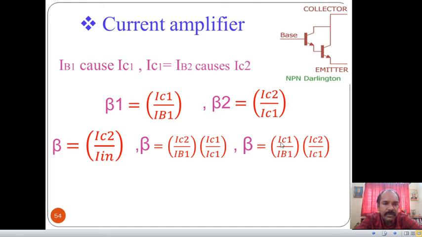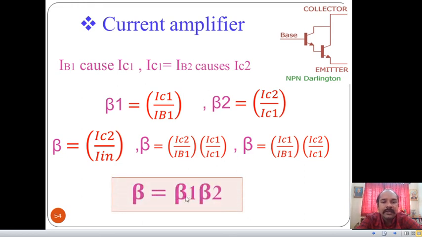Why is it so? Because for transistor Q1, output current is IC1 and input current is IB1, so this is beta 1. And for transistor Q2, output current is IC2 and input current is IC1, that is beta 2. Hence the overall current gain is beta equal to beta 1 multiplied by beta 2.